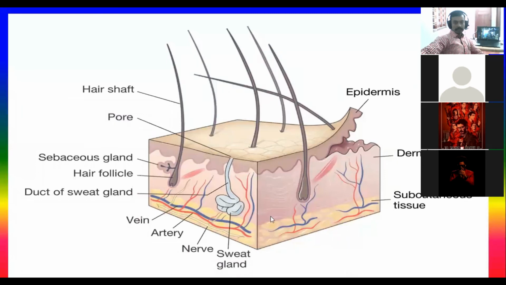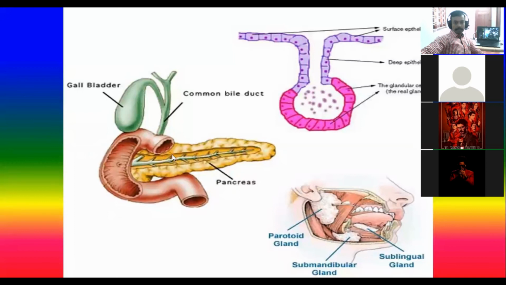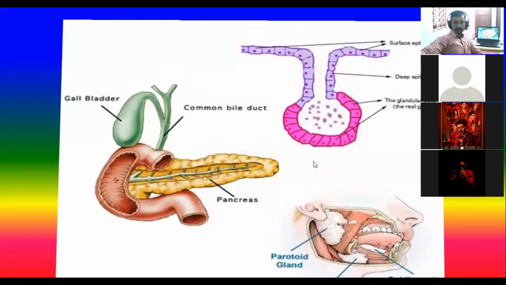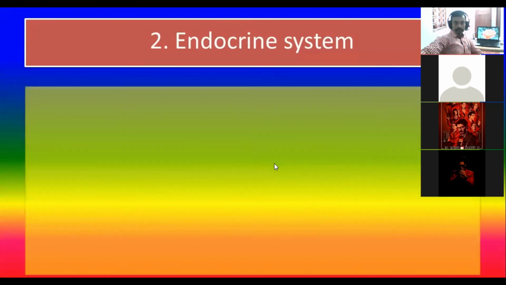Students, we can see the skin. This is sweat gland, exocrine. Then pancreas and salivary glands, we can see in these pictures. Then the endocrine system.